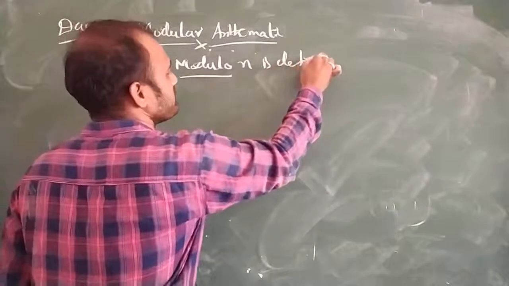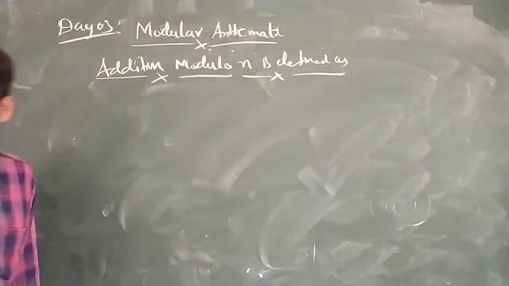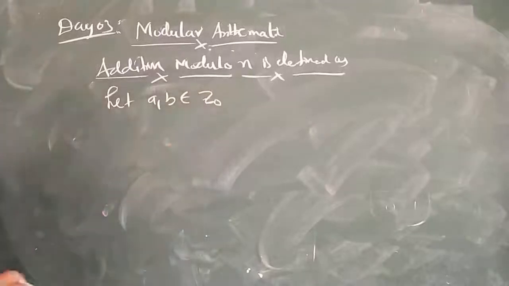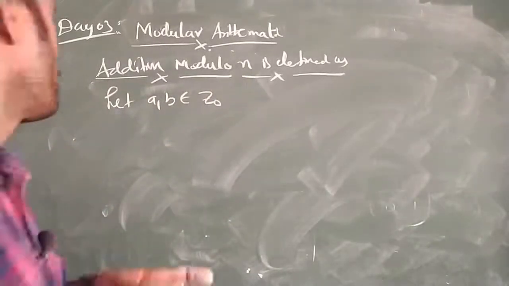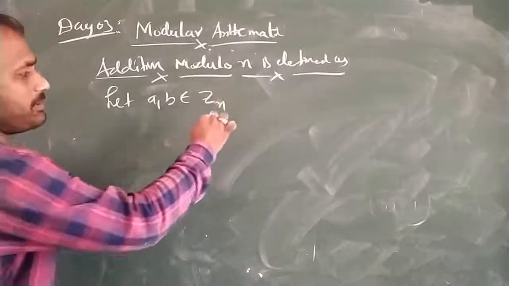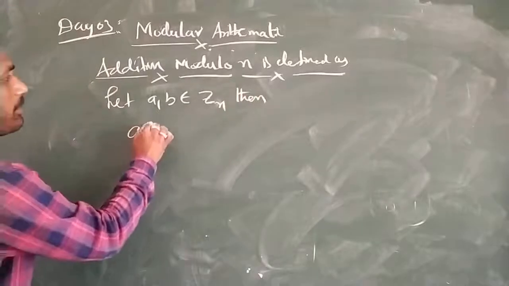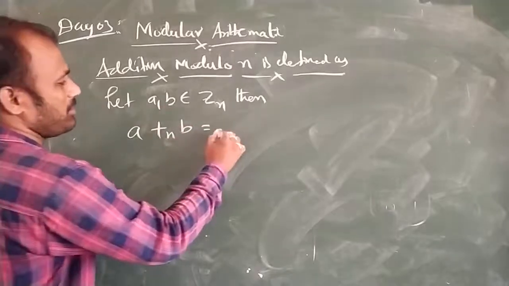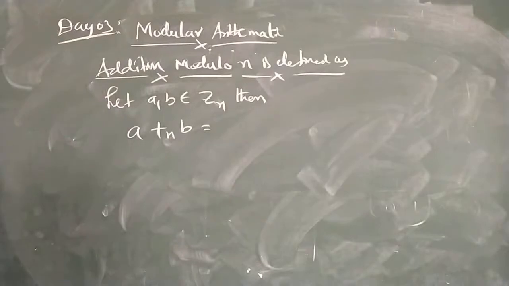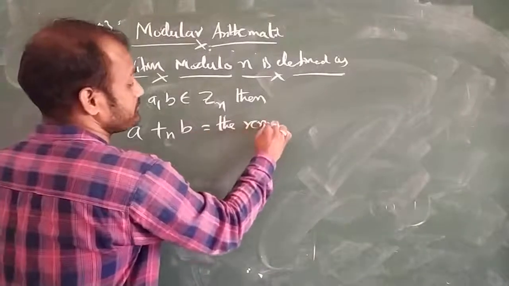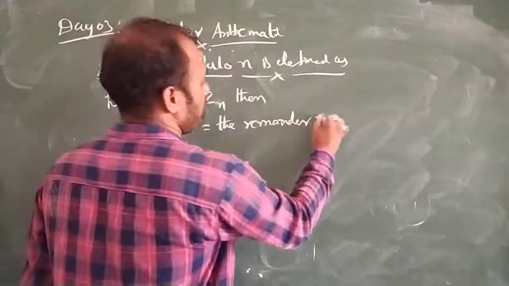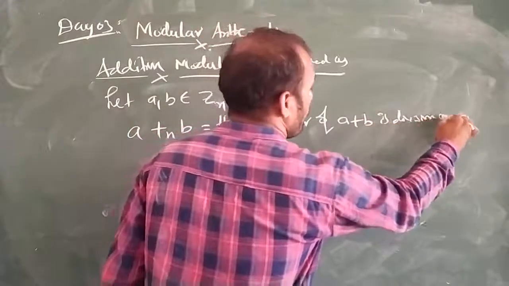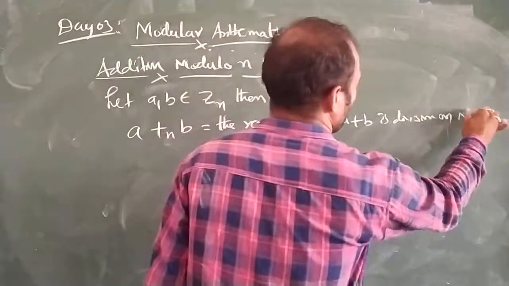It is defined as: let a, b belong to Z_n, then a addition modulo n b is equal to the remainder of the division of a plus b on n.